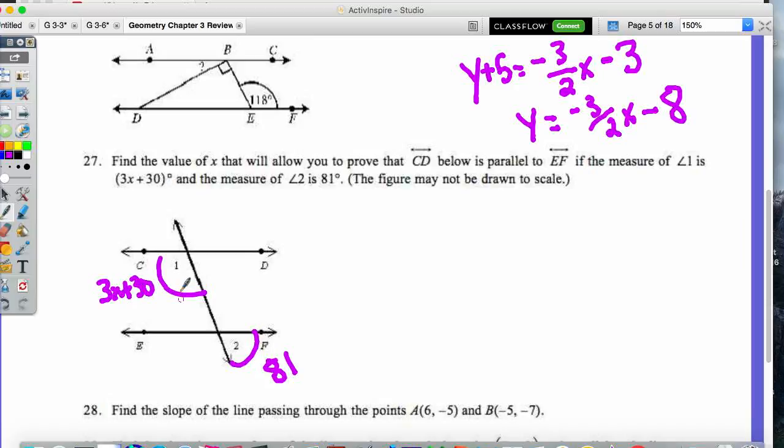So if these lines are parallel, then I'm going to call this angle 3 here, just for grins. And 3x plus 30 would be the same as angle 3 because these would be corresponding angles, and if they're congruent, then the lines are parallel.